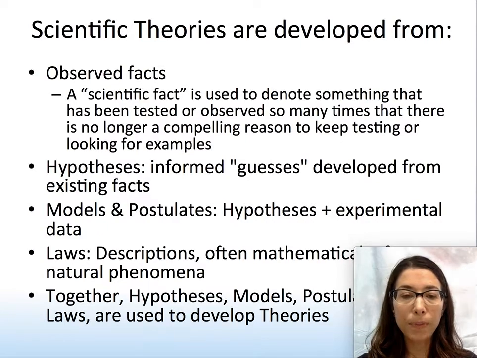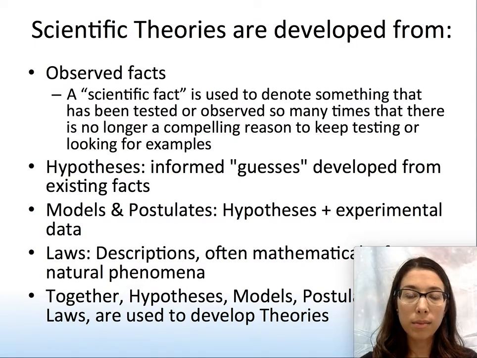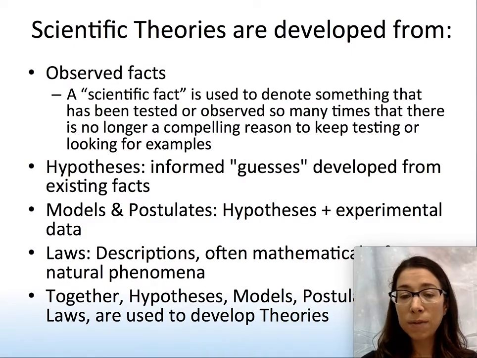For example, we know there's a lot of observed facts and then a lot of math and physics calculations that went into it, and a lot of experiments that came together to basically demonstrate that the theory of relativity is a strong theory that we are going to utilize as if it is a fact.